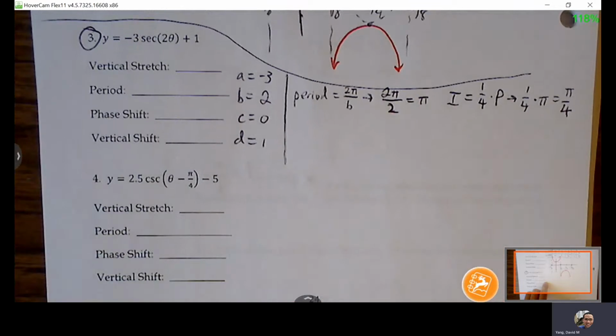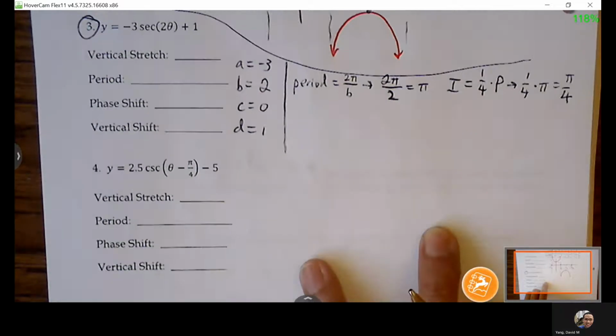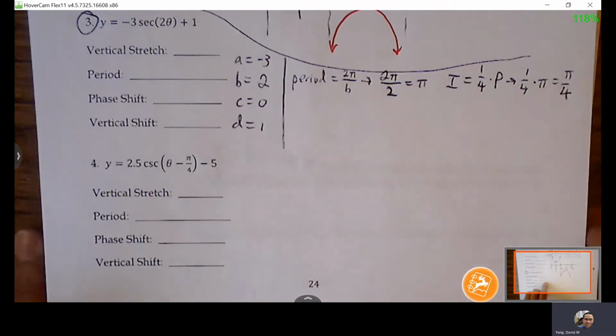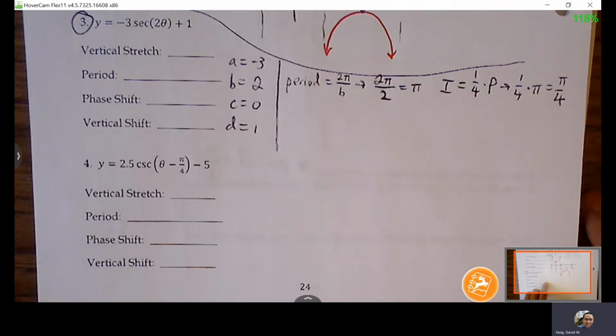Everybody good with one? For number 3, there's no need to factor that 2 out because there's no horizontal shift. There's no C value.